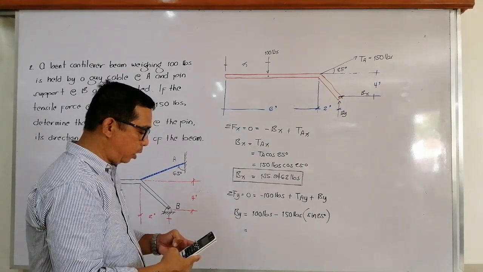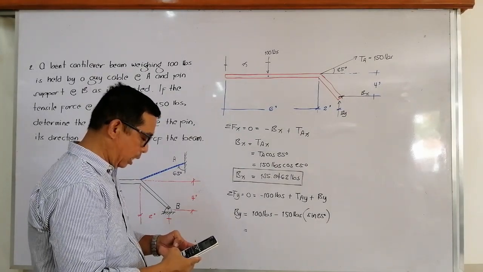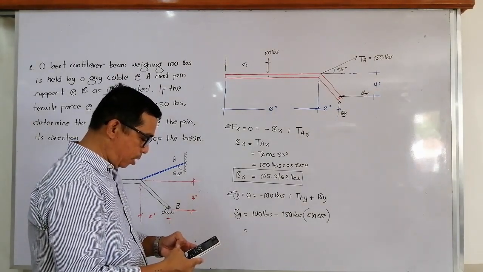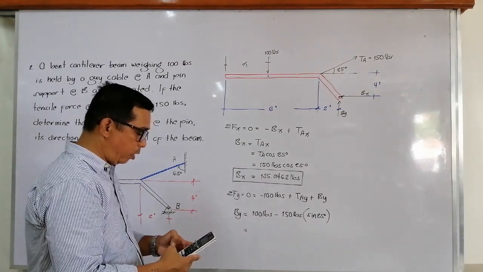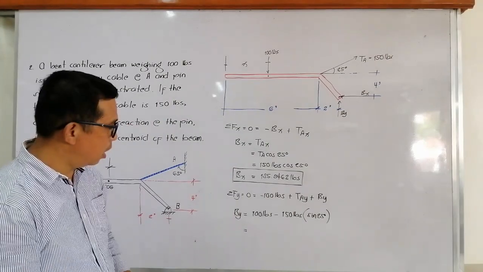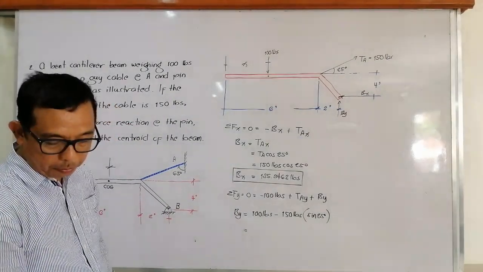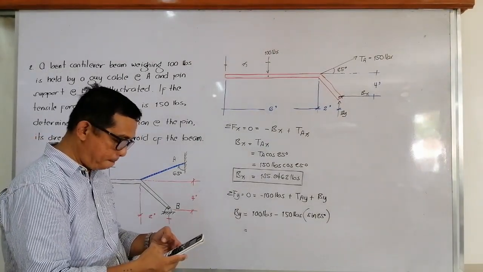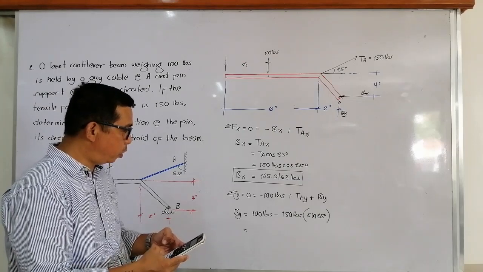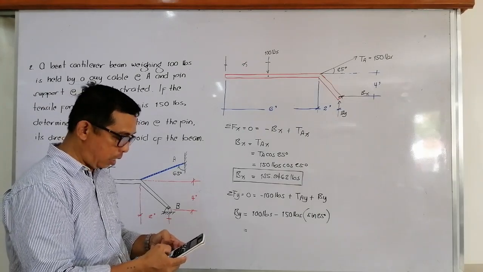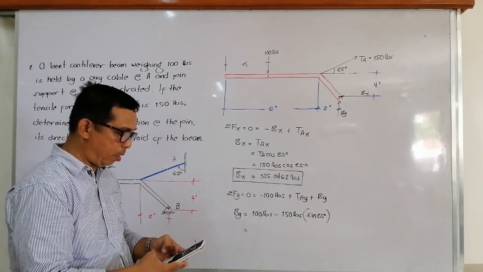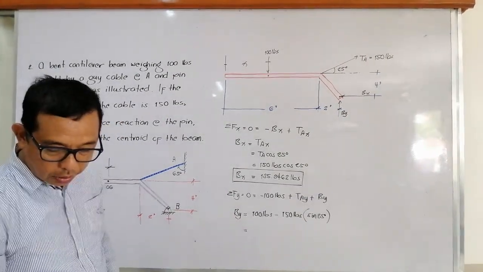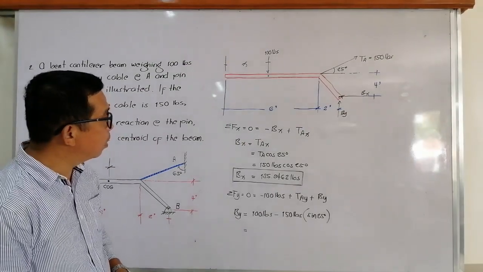We have 36.6073. Let me check: 150 sine of 25 minus 100 equals 36.6073. Is it negative? Let me repeat: 100 minus 150 sine of 25. The answer is positive 36.607.